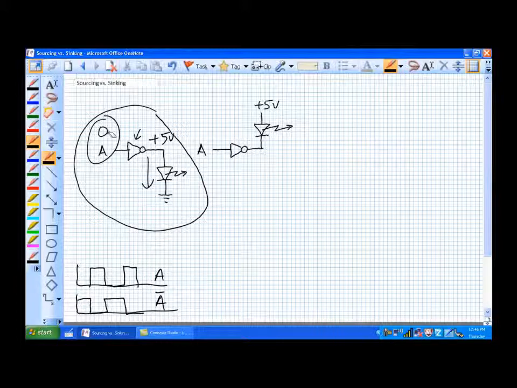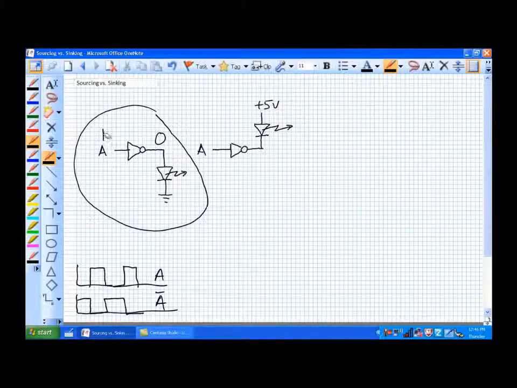Now what happens when A is a 1? When A is a 1, it's inverted to a 0. And what do we have for a potential difference? If it's 0 volts on one side and 0 volts on the other, current does not flow and the light does not light up.